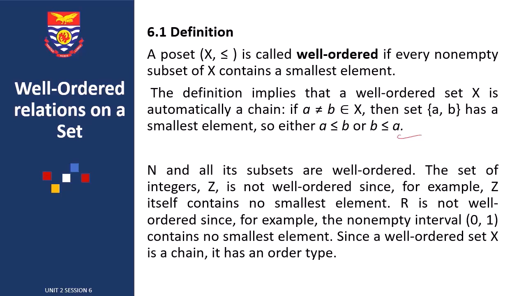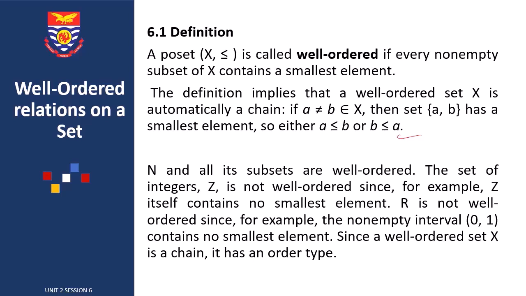So the natural numbers and all their subsets are well-ordered. And the set of integers Z is not well-ordered since, for example, Z itself contains no smallest element. R is not well-ordered since, for example, the open interval (0, 1) contains no smallest element.